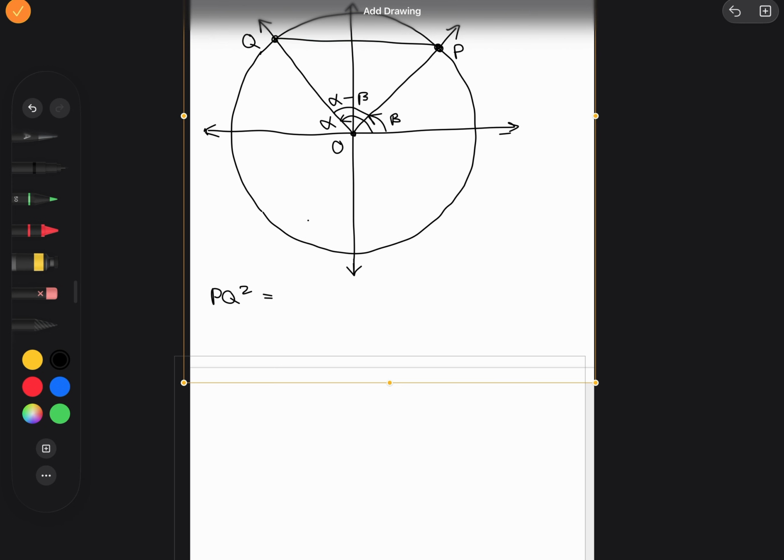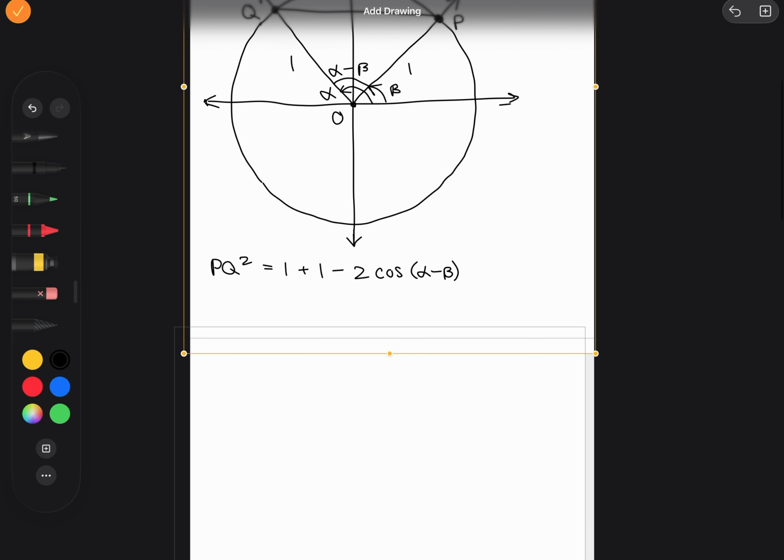So PQ squared is equal to 1 plus 1 minus 2 cosine alpha minus beta. These two sides are 1 because it's a unit circle and all the radiuses are 1. And we can simplify this to 2 minus 2 cosine alpha minus beta.